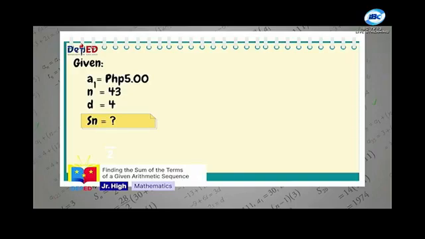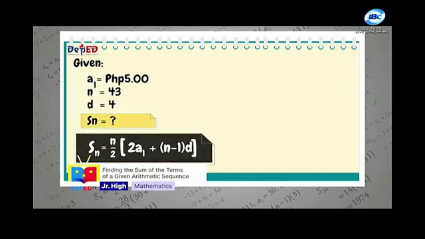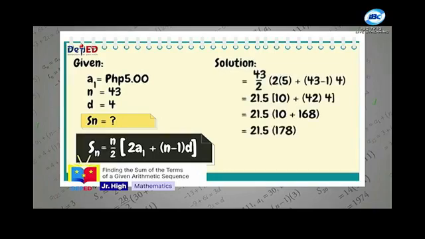Since the last term is not given, we will use the formula s sub n is equal to n divided by 2 times the quantity 2 times a sub 1 plus n minus 1 times d. Substituting the values in the formula, we will have s sub 43 is equal to 43 divided by 2 times the quantity 2 times 5 plus 43 minus 1 times 4.